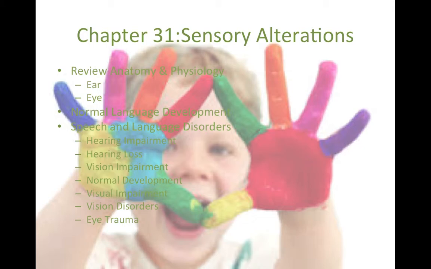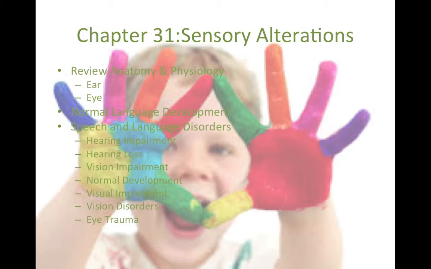Reviewing the information on milestones of normal hearing development can be found in your text on page 1156 in Table 31-3. Go ahead and look at the normal hearing development. If the child has hearing loss, any pathophysiology about conductive or sensorineural hearing loss needs to be reviewed, as well as mixed hearing loss.